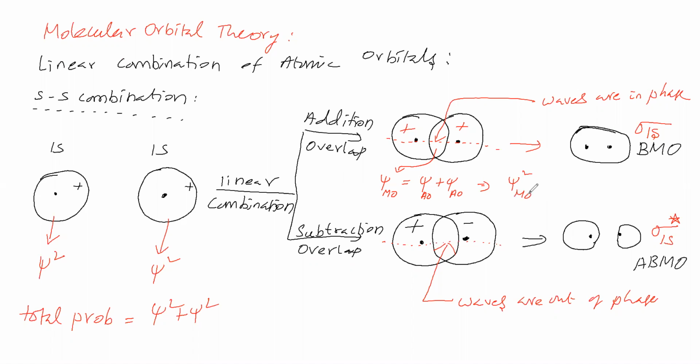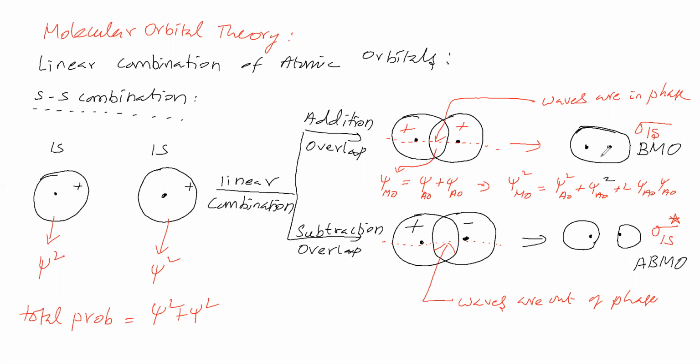Chi square of molecular orbital equals chi square of one atomic orbital plus chi square of another atomic orbital plus 2 into chi of one atomic orbital into chi of another atomic orbital. This is the total probability.